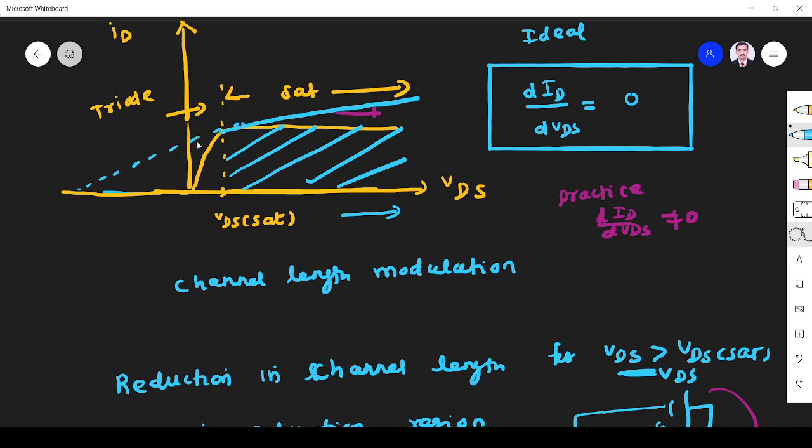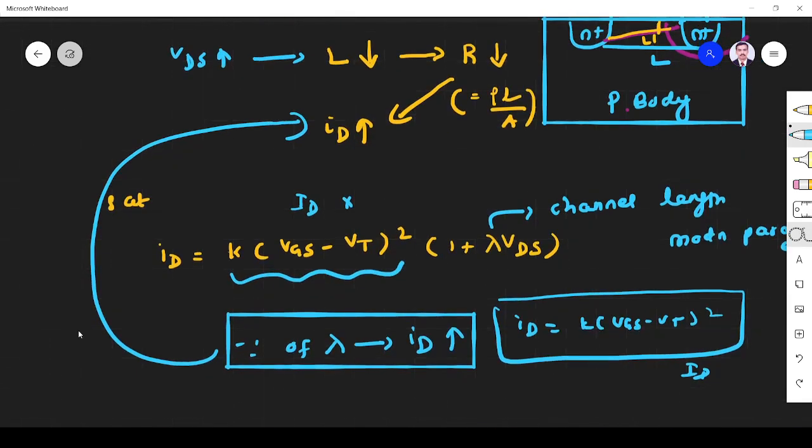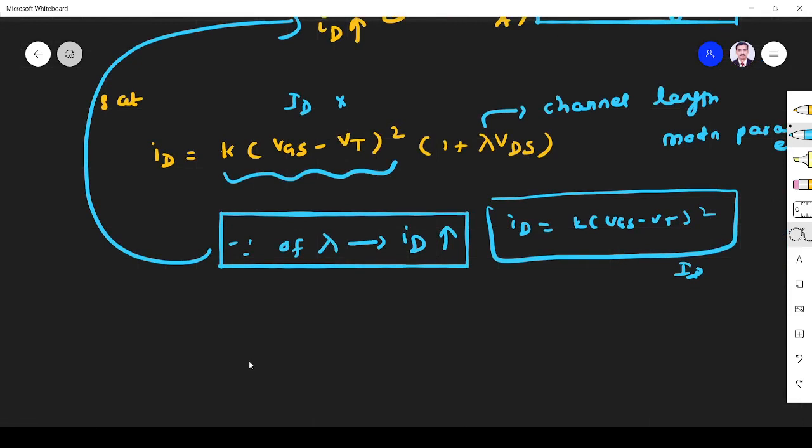Let us assume this curve meets this point at some location. Here VD is equal to 0, so let us assume this is minus VA. At this point, what is the ID value? Ideally it is 0, but we know ID is equal to K into (VGS minus VT) squared into (1 plus lambda VDS).